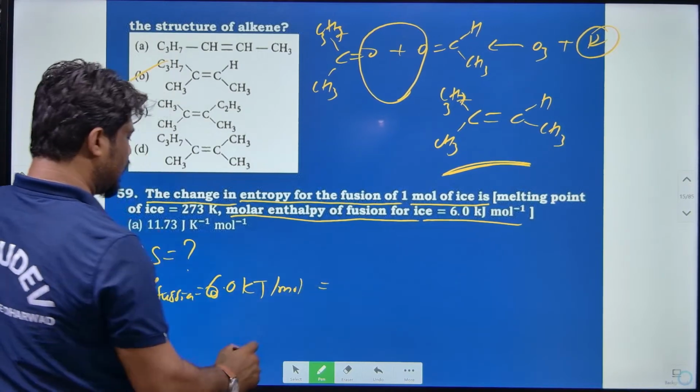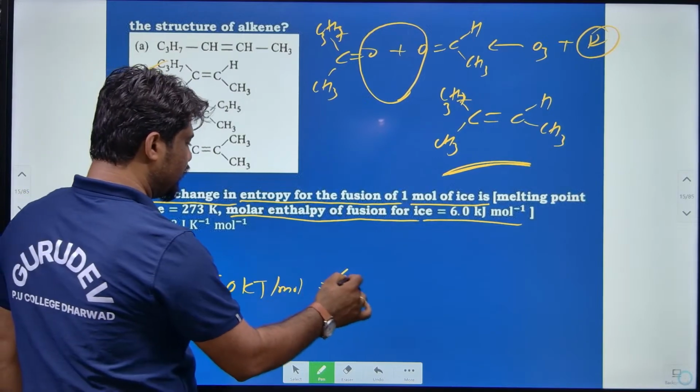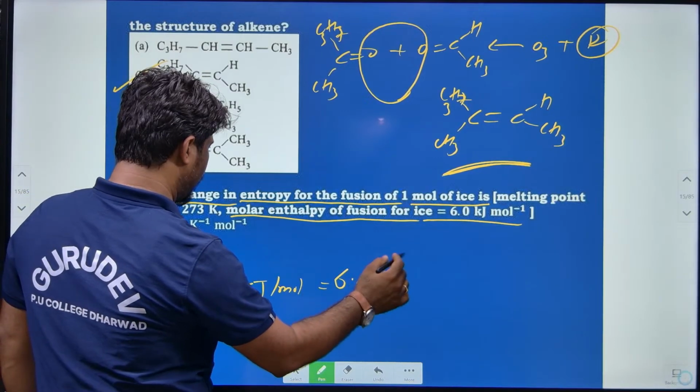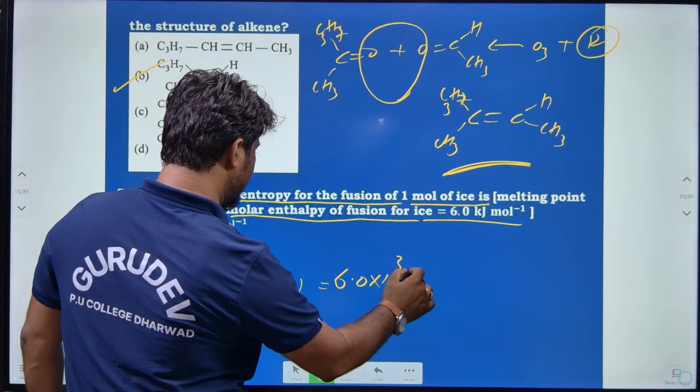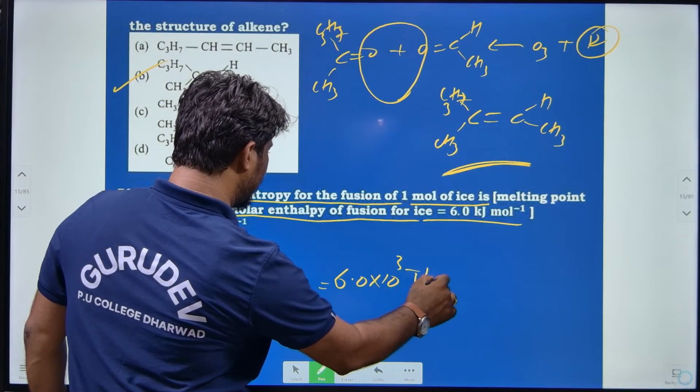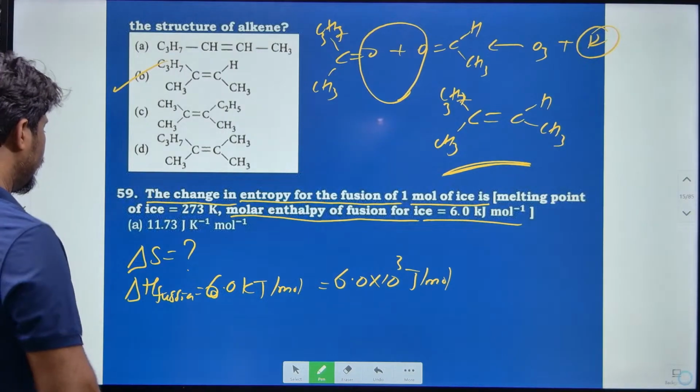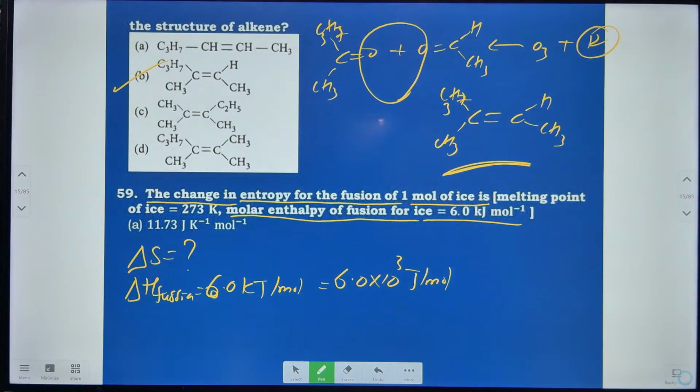Converting it from kilo, 6.0 into 10 to the power of 3 joules per mole. So we need to calculate delta S.